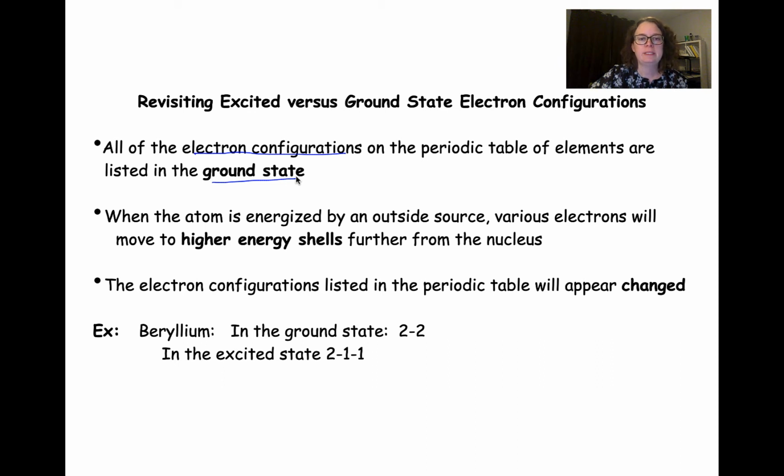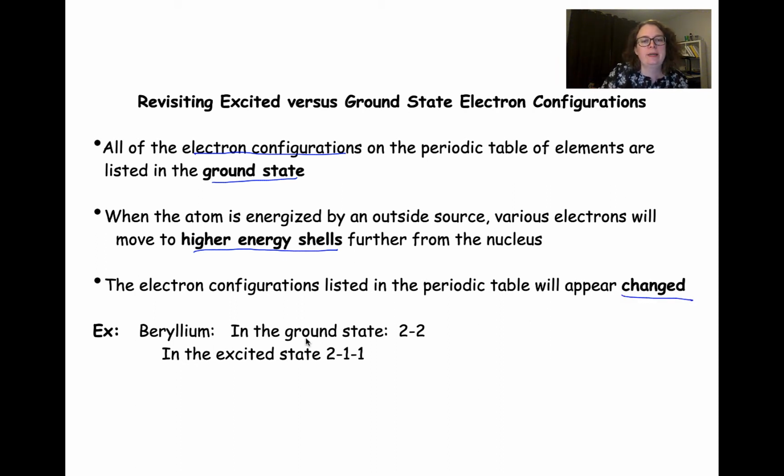When the atom is energized by an outside source, various electrons will move to higher energy shells further from the nucleus, and that gives us an excited state. And the electron configurations, as our electrons move from one state to another, will change.